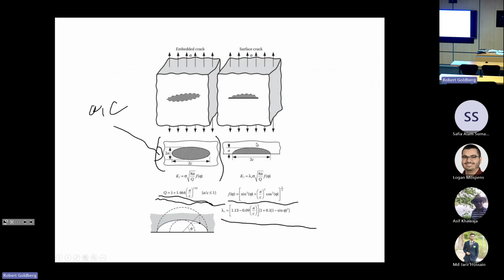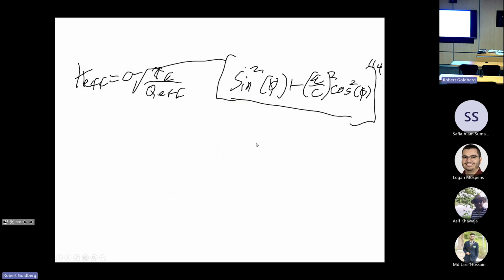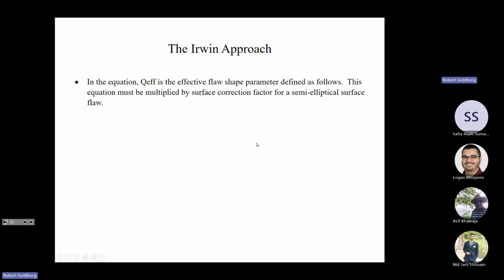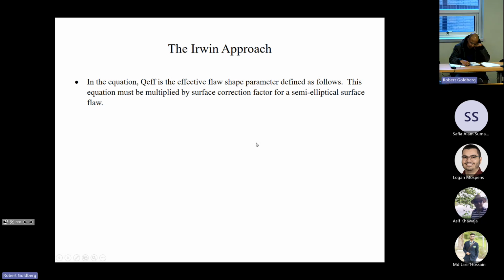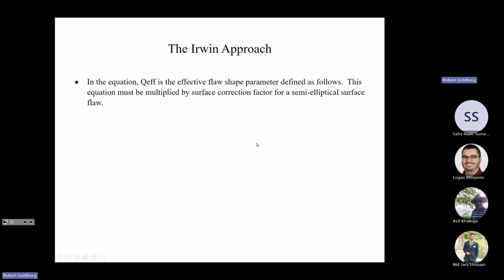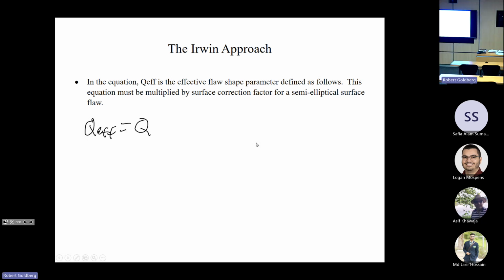We didn't even modify it. We just used that f of p directly. But for the effective Q, we do modify that somewhat, and we say that our effective Q is equal to our original Q minus 0.212 times sigma stress divided by the yield stress quantity squared.